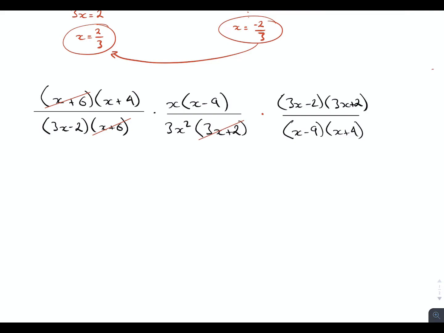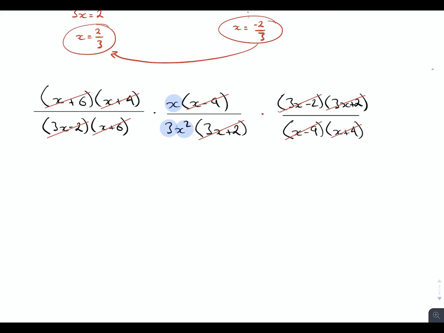Because everything is being multiplied, we can go across fractions. So this will work. Anything else? Yeah, we got that 3x minus 2 and this 3x minus 2. We have this x plus 4, this x plus 4. We have this x minus 9, this x minus 9. And I'm going to just highlight what we're left with, which is this guy, and this one here.